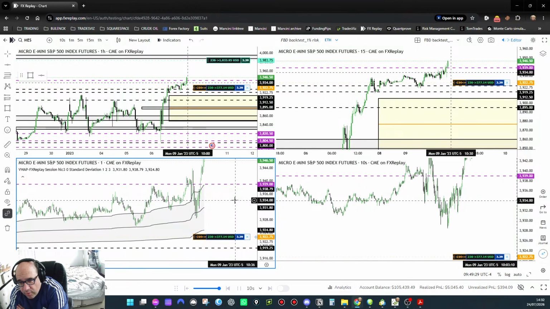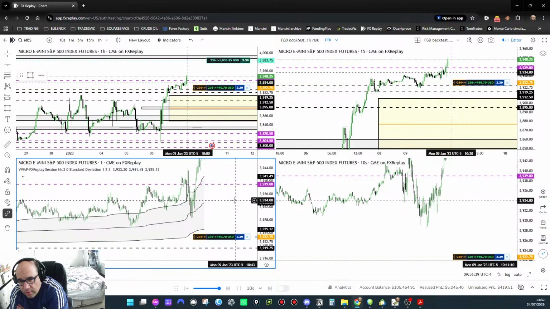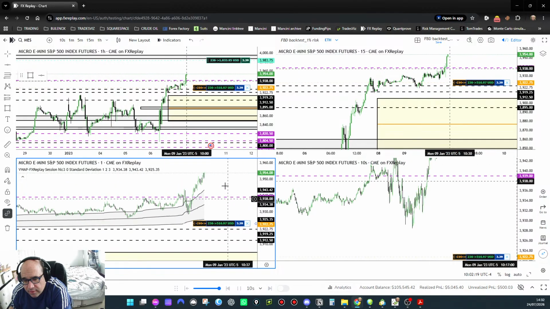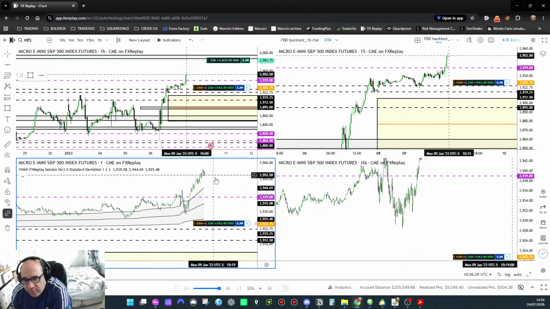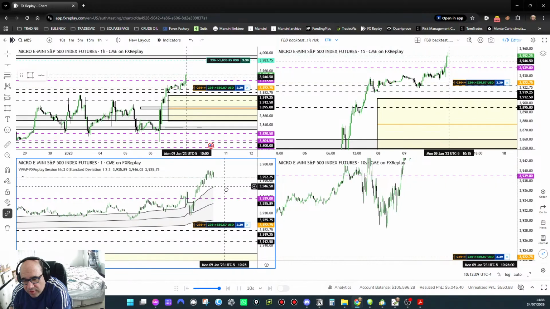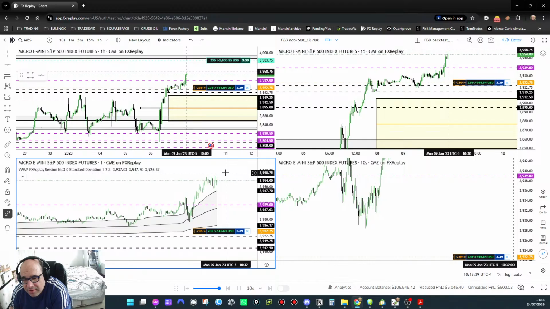The pullback, the VWAP. We did the breakout indeed. Jeez. I haven't seen this kind of market for ages. Not under Trump presidency. No way. Jeez.